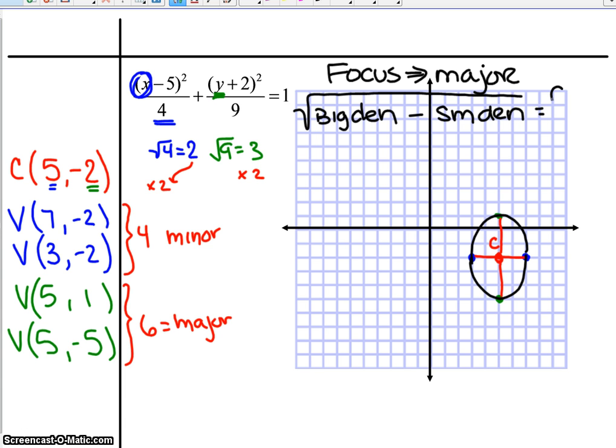That's going to be my focal distance. That's going to be how far I go from my center on the major axis to find my focus point. So in this case, I'm going to take 9 minus 4 and get the square root of 5. Now, square root of 5 is a little more than 2, so there's one of my focus points, and there's my other focus point.